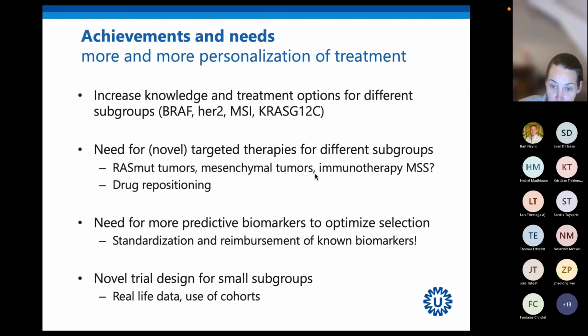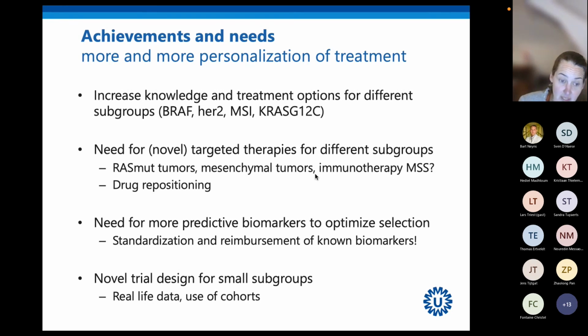So we need predictive biomarkers to optimize selection. We have quite some genomic biomarkers I discussed, such as BRAF, HER2, but that only focus on one mutation. And we know that although you have a BRAF mutation, the response chance to BRAF inhibition with cetuximab is actually still quite small. So there's much more than just these genomic markers. So we need to broaden these biomarkers to optimally select patients.